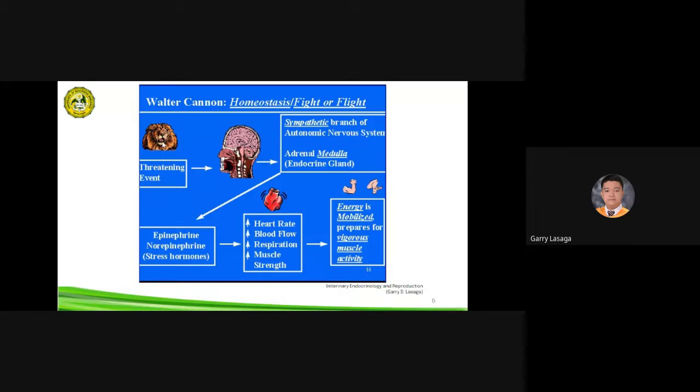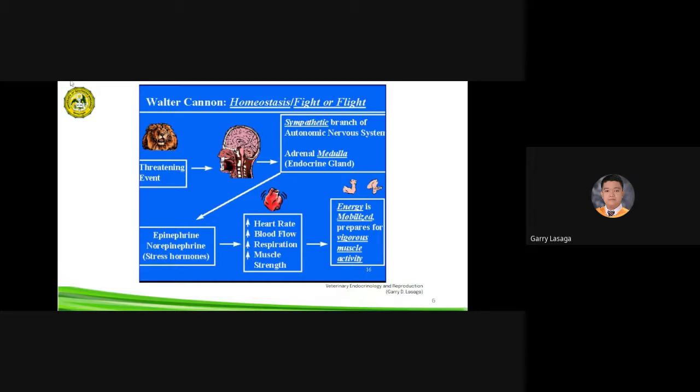When a person encounters a lion, the natural mechanism of the body is that it will perceive the lion as a threatening event. So it will induce a stress response in the person, because the person perceives that animal as frightening or threatening.